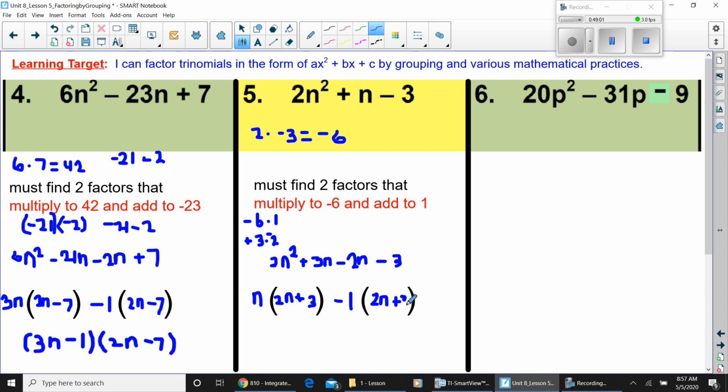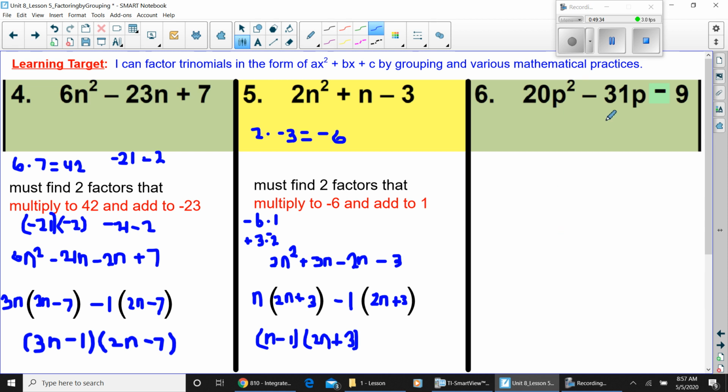And the reason why this is a 2n plus 3 is negative 1 times 2n equals negative 2n, and negative 1 times positive 3 equals a negative 3. And you have n minus 1 and you have 2n plus 3. And that is my answer.